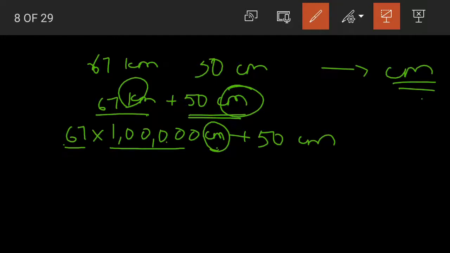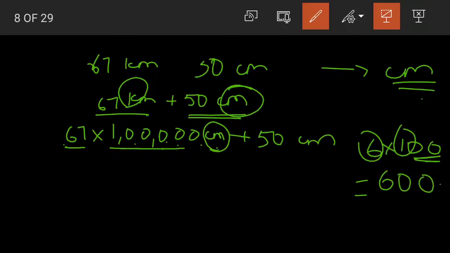67 into 1 lakh. Whenever we have to multiply one number with another number which has all zeros, for example 6 into 100, how will we multiply? 6 ones are 6 and then write the number of zeros, 600.